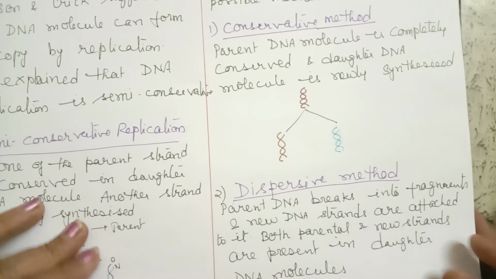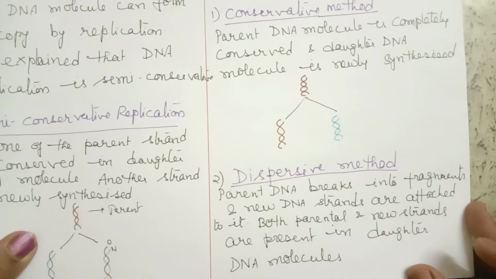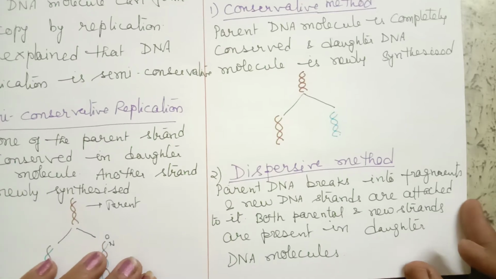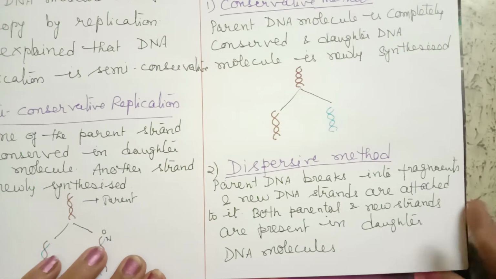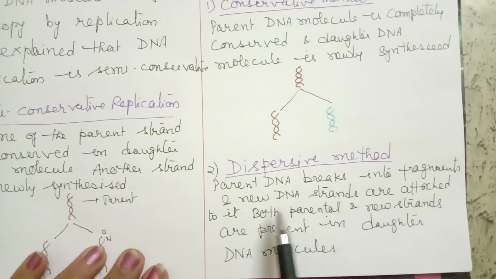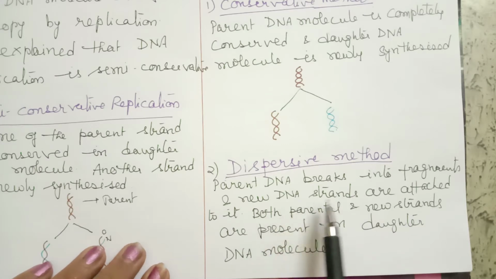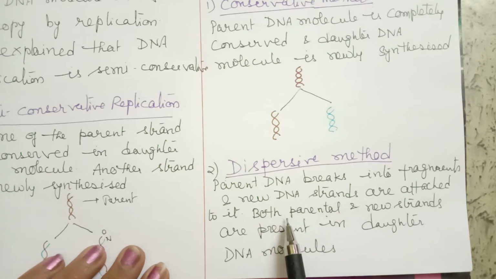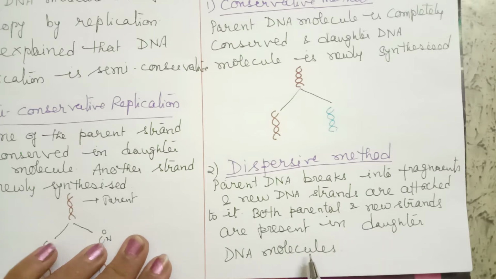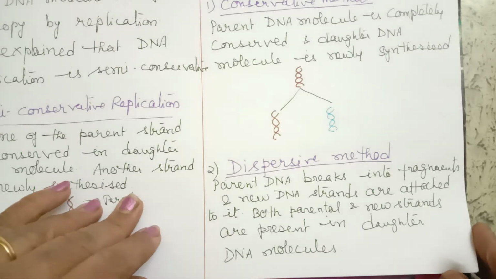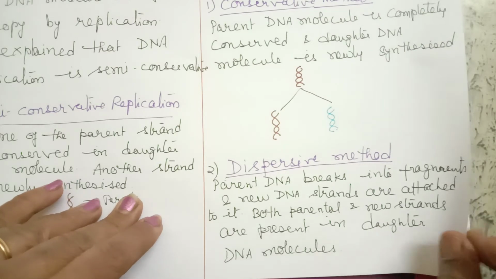The third type of replication, which is theoretically possible, was the dispersive method of replication. Here the parent DNA breaks into fragments and new DNA strands are formed attached to them, so both parental DNA and new DNA strands are present in the daughter DNA molecules.